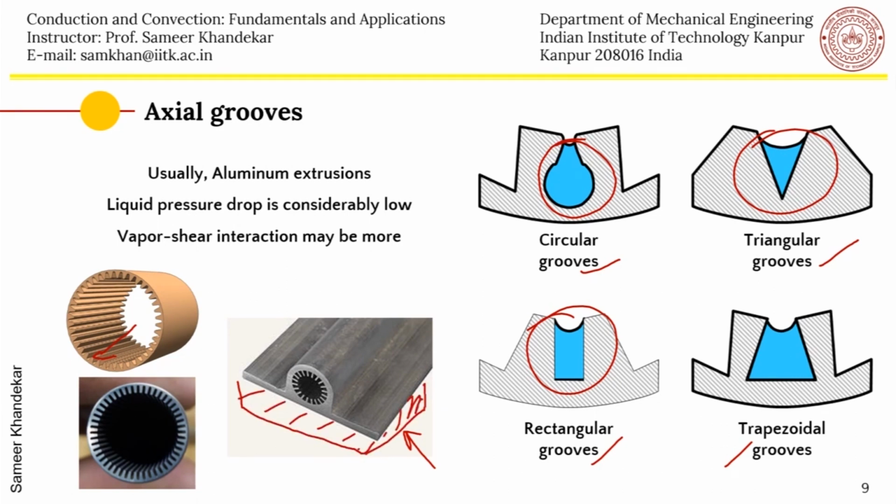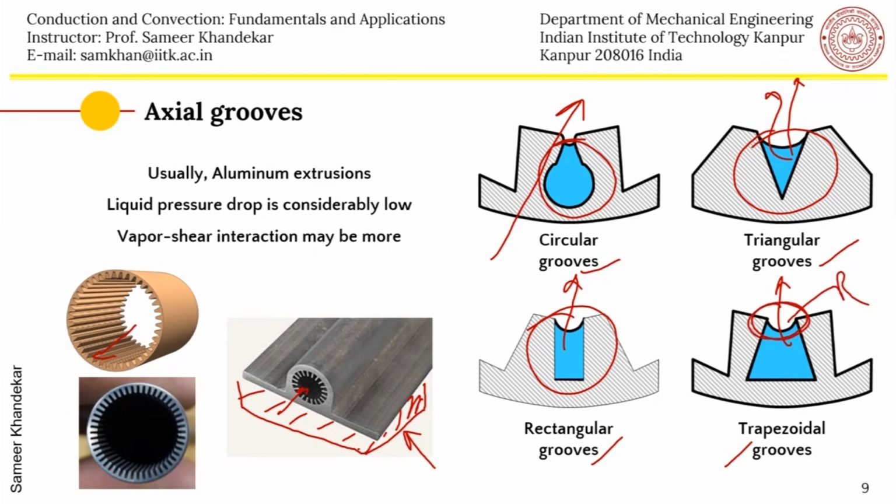And these axial grooves will act like a porous media, where the capillary action is generated because of the opening of the mouth radius. Here the Young-Laplace equation comes into action, and this interface radius will provide the necessary capillary action which is required for the liquid to be brought back from the condenser.